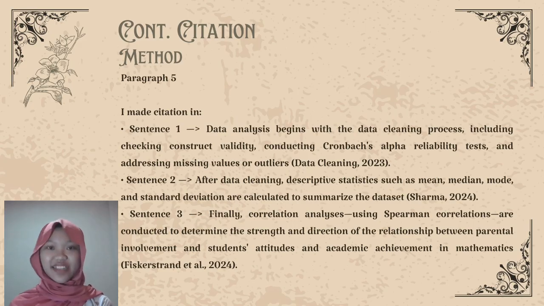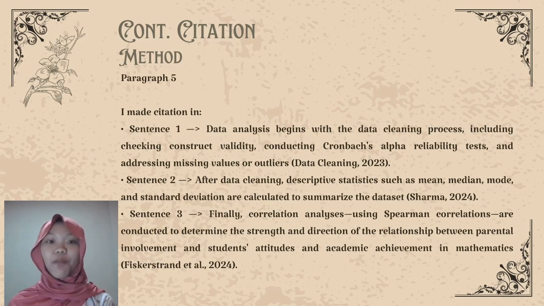In sentence 3 contains, finally, correlation analysis using Spearman correlation is conducted to determine the strength and direction of the relationship between parental involvement and students' attitudes and academic achievement in mathematics.